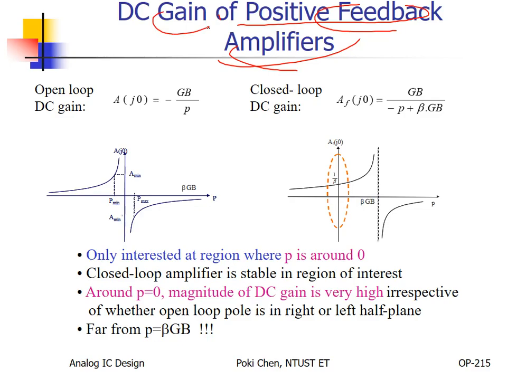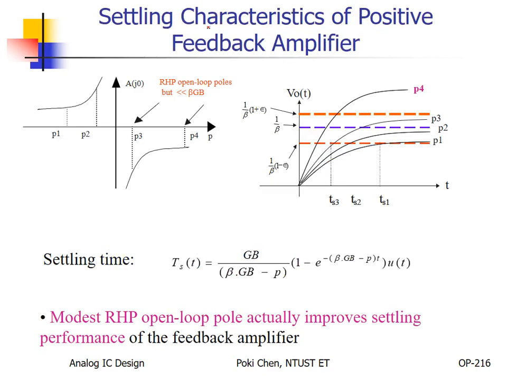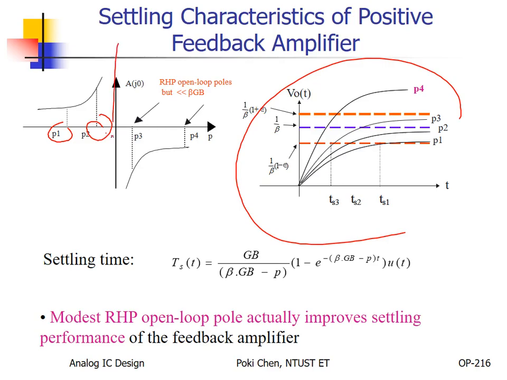Anyway, this is what I would like to tell you. In the past, you only designed this, you only designed that. But right now, I tell you, you can cross the boundary to the right, but not too much, okay? So P3 here, P4 there. All of them are positive poles for your op-amp, not for the overall circuit, okay?